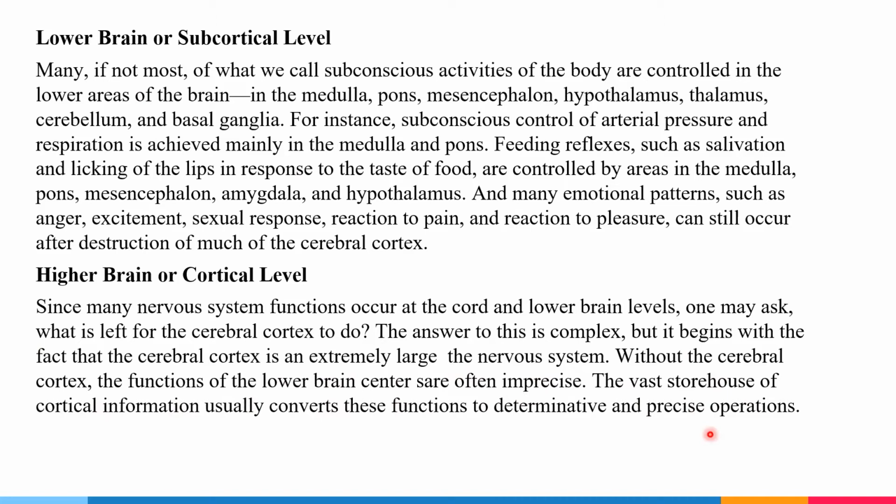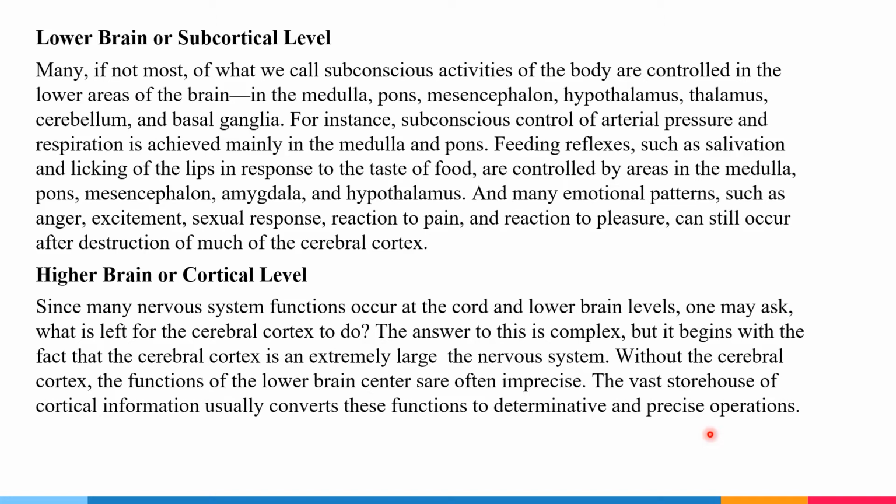So, one may imagine this higher brain or cortical level of the central nervous system as the part of the nervous system that controls or supervises the lower brain and the spinal cord levels.